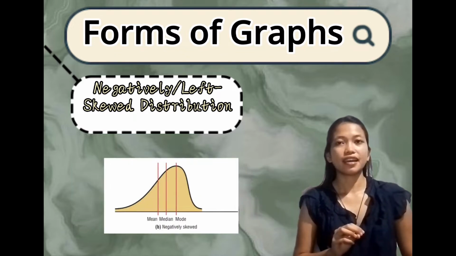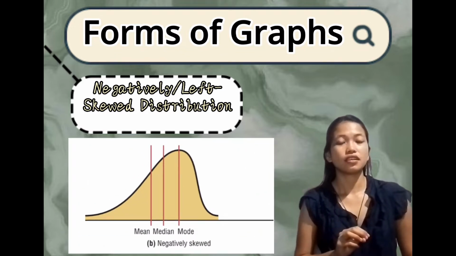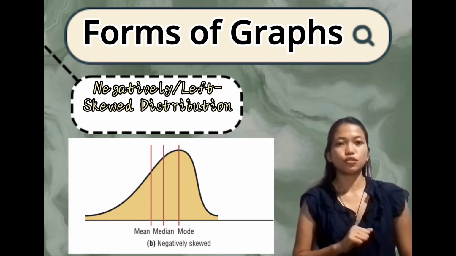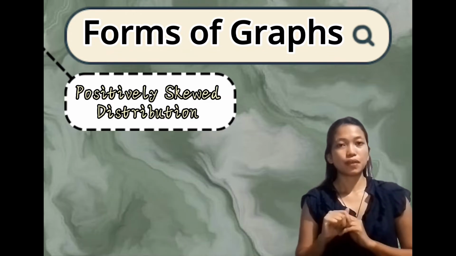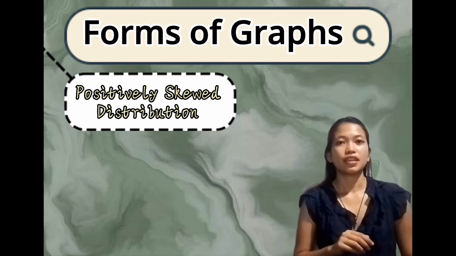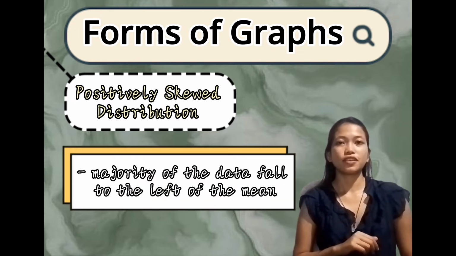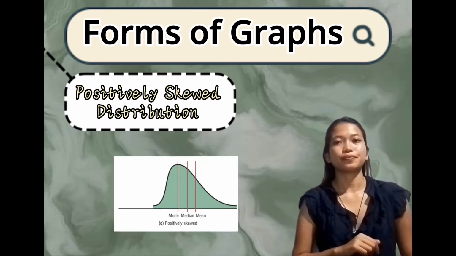So this is its form. Next is the positively skewed distribution. This happens when the majority of the data values fall to the left of the mean. And this is its form.